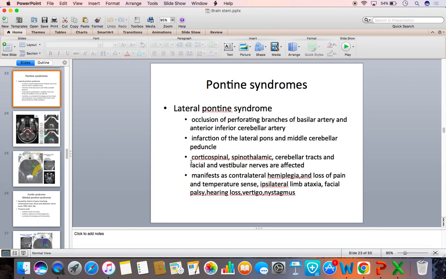So these are the features of lateral pontine syndrome.